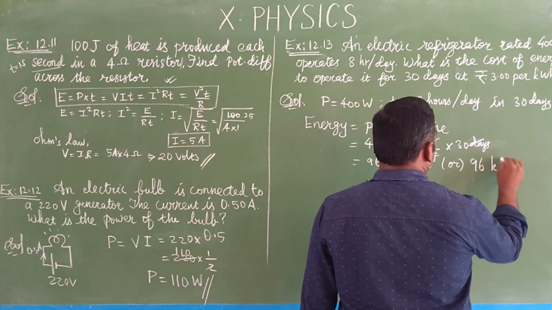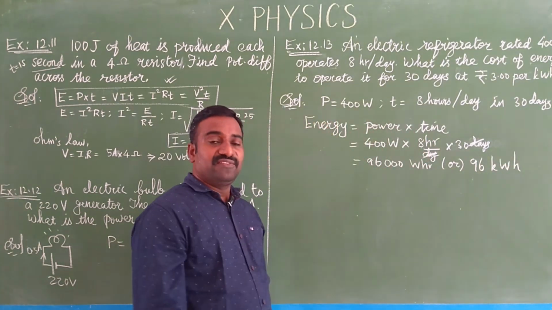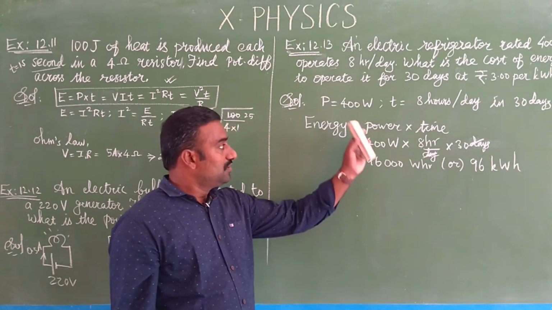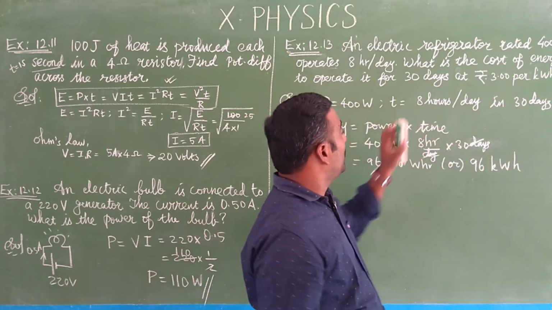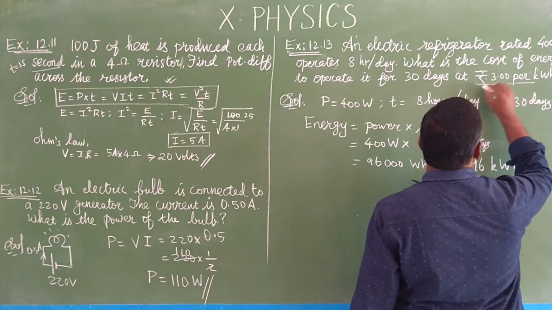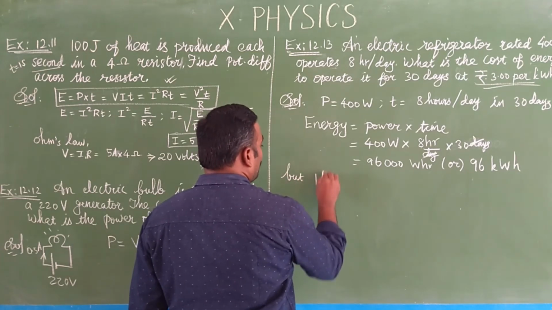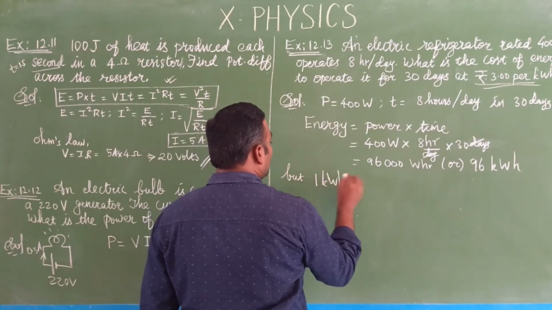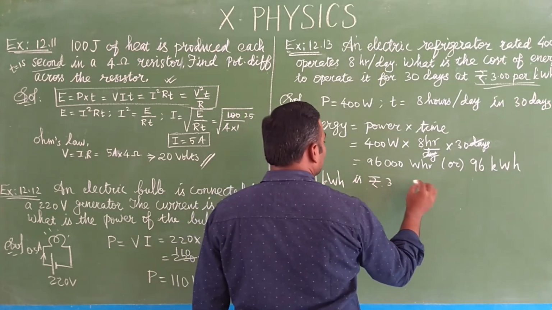96 kilowatt hour. We know the commercial unit of electrical energy is kilowatt hour. So we have changed this value into the commercial unit of energy. And for 1 kilowatt hour, the government has already fixed 3 rupees.